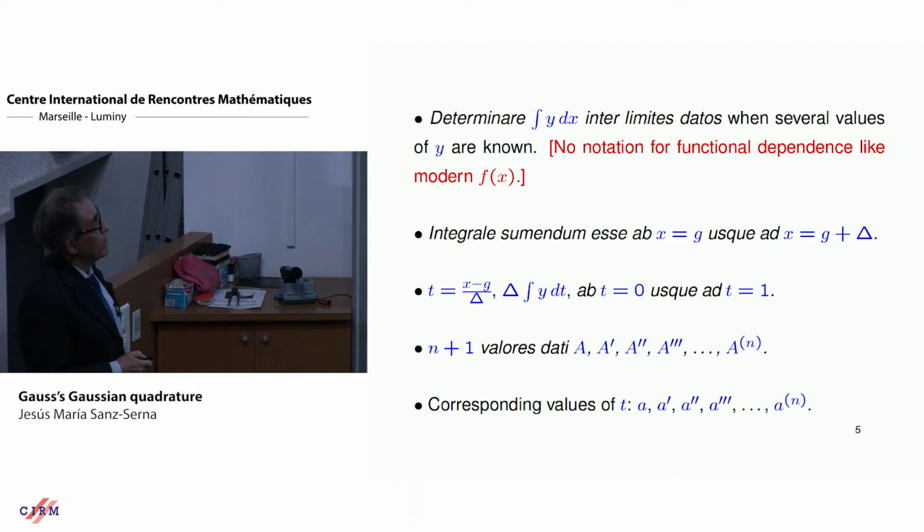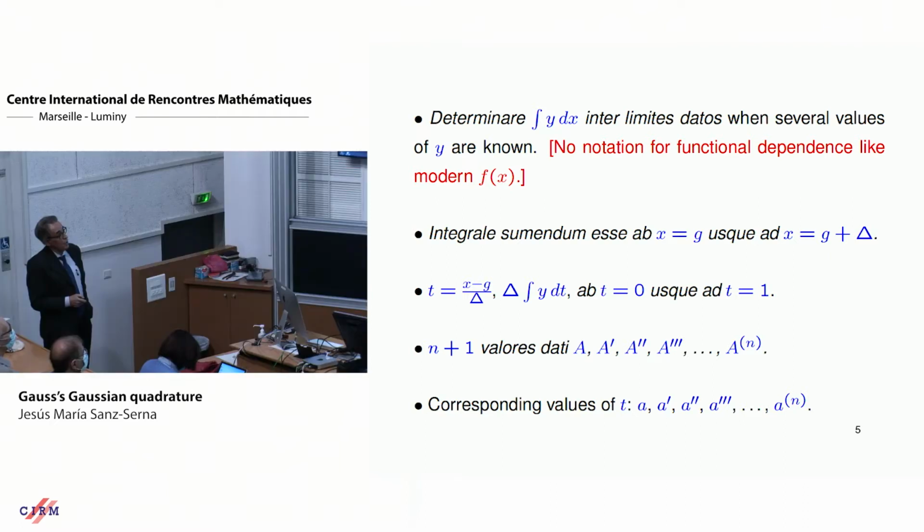So the problem is to compute this integral between given limits when different values of y are known. And the integral has to be computed from x equals g to x equals g plus delta. And he first performs a change of variables, goes from the original variable x to an auxiliary variable t that runs from 0 to 1.